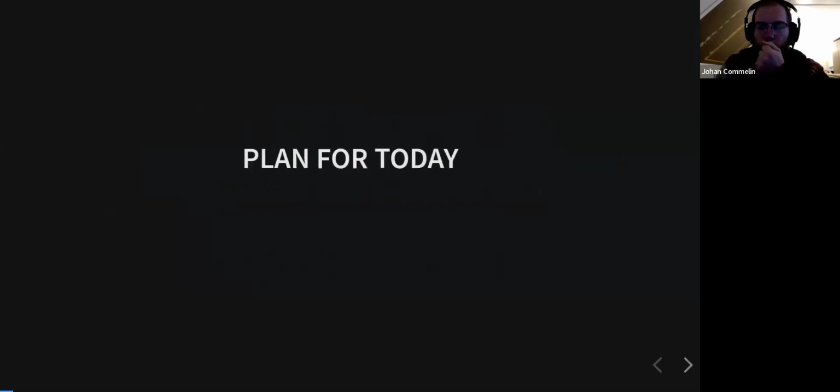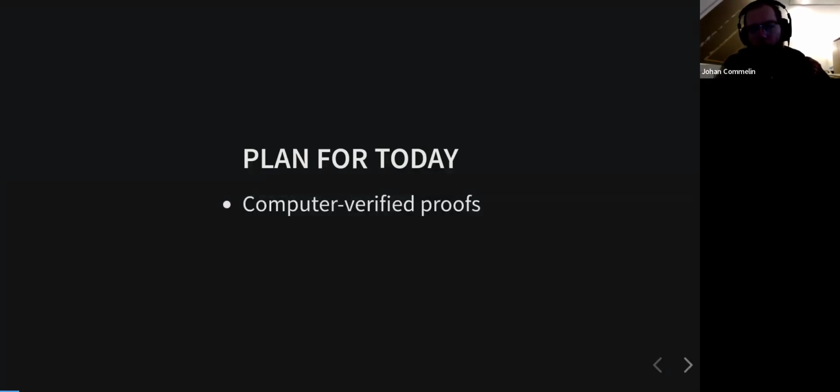So yeah, I want to tell you a bit about this liquid tensor experiment. So the plan for today, the liquid tensor experiment, there are sort of two components. One of it is computer verified proofs. And so I want to say something about that, mainly just give a demonstration of what this looks like.